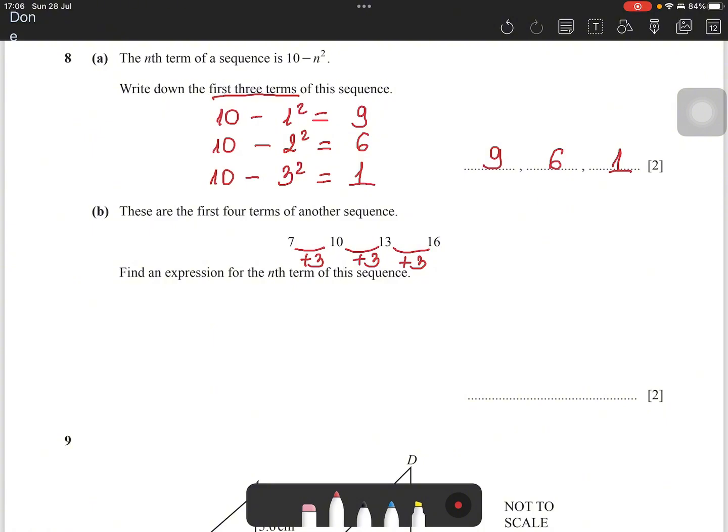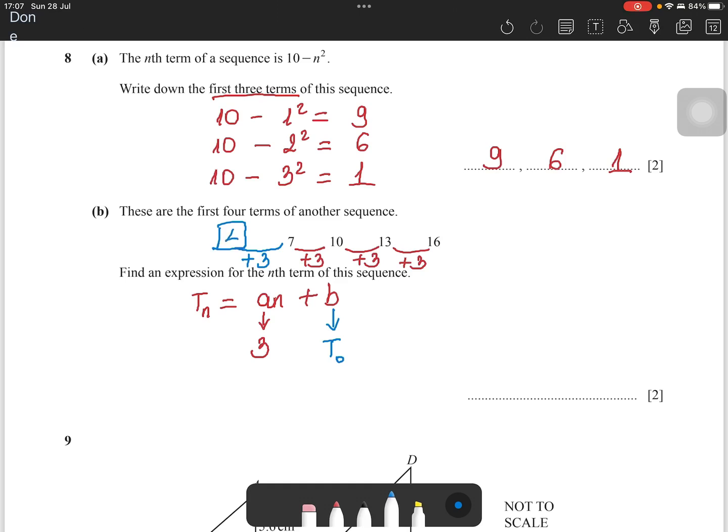And the general form of a linear sequence is an plus b. a is the common difference. In this case, it is 3. And you also know that b is T0, which means the term before the first term. In this case, to find b, we need to think about which number add 3 equals 7.